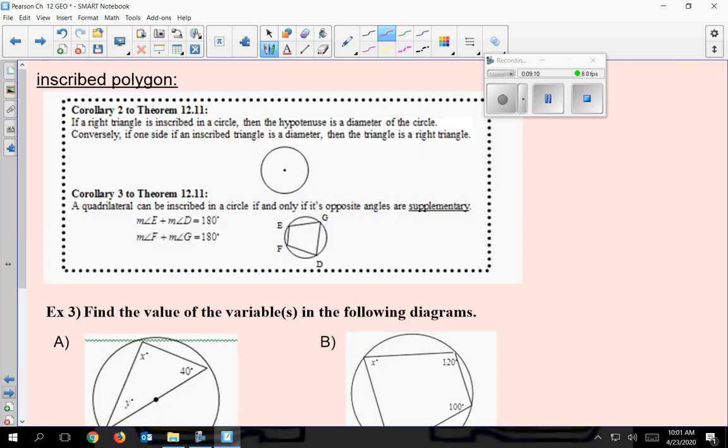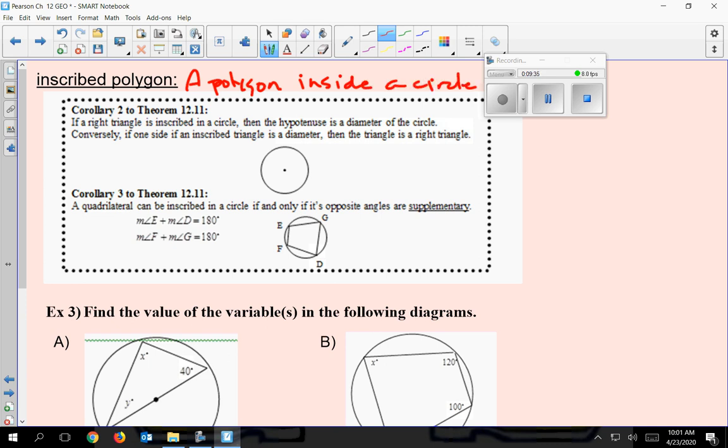All right. Move on here. An inscribed polygon. I don't think it's up there. I'll have to write that, so sorry for my writing. An inscribed polygon is just a polygon inside a circle.